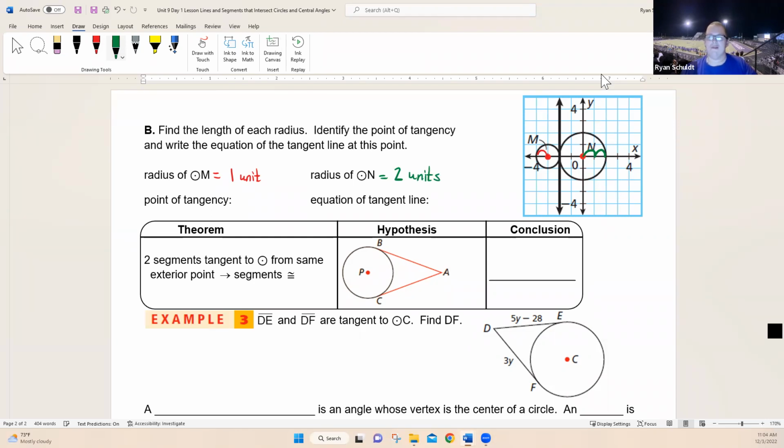Okay, the point of tangency. So where does a line go through, touch a circle, and then go on forever? Well, the only line I see other than my axes is that line right there. So I need to know the point where it touches the circle.